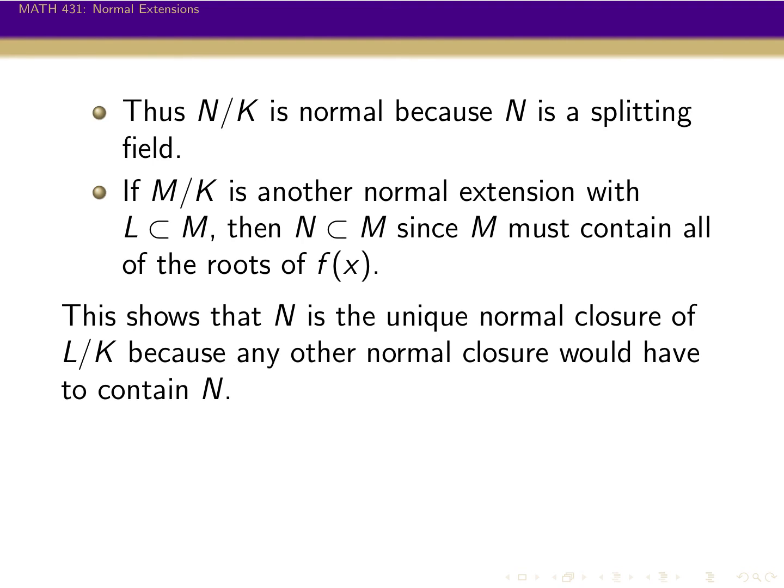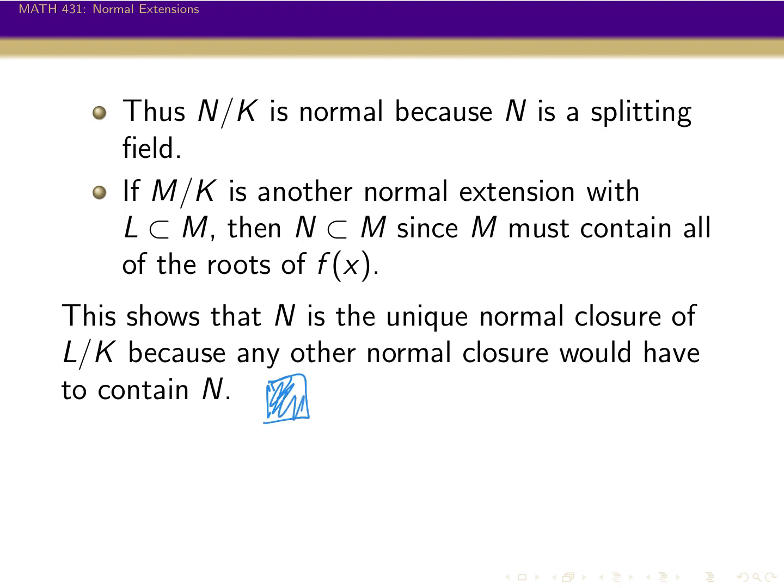It has to be that. So N is the unique normal closure of L over K, because any other normal extension of K that contains L would have to contain N. So this finishes the proof.